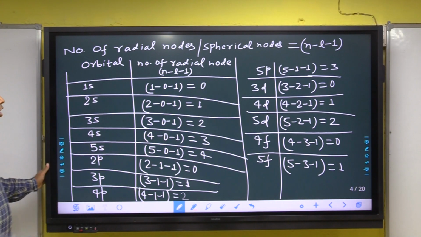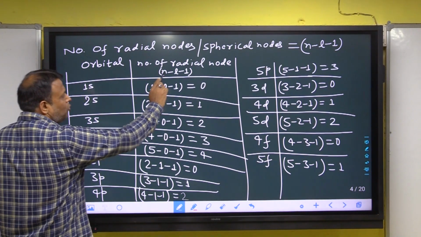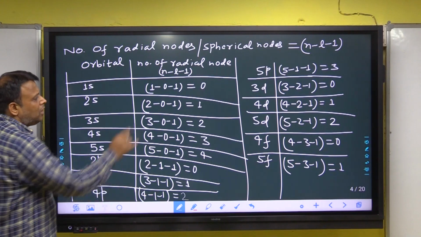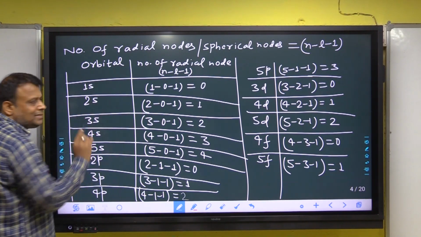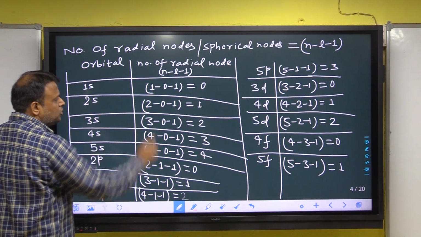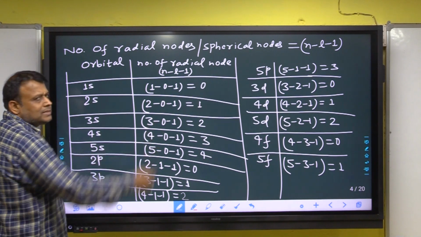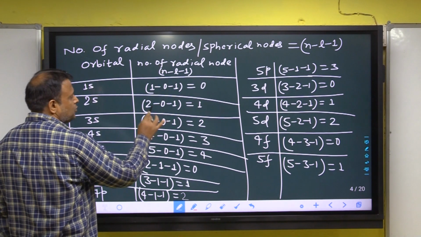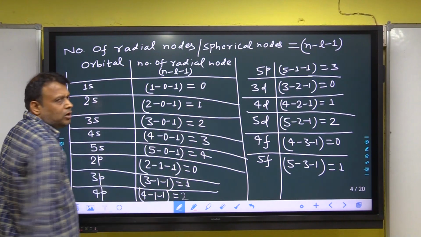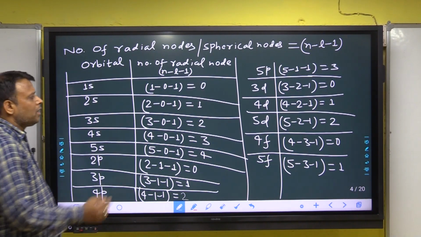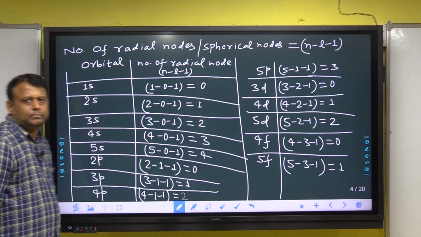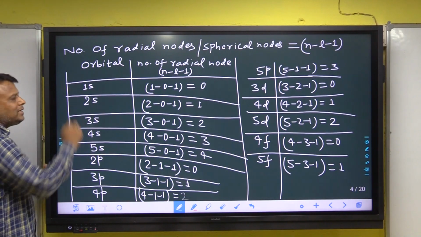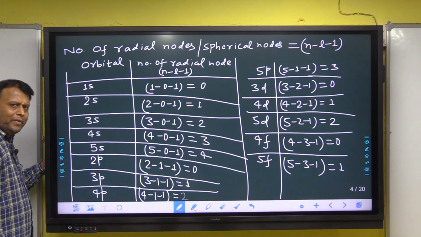Second, 2s: n minus L minus 1, 2 minus 0 minus 1 is equal to 1. And hence 2s has 1 radial node.